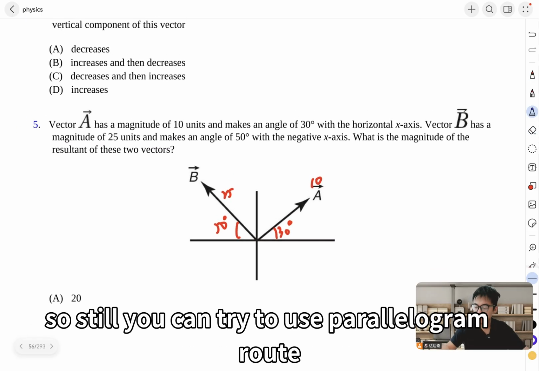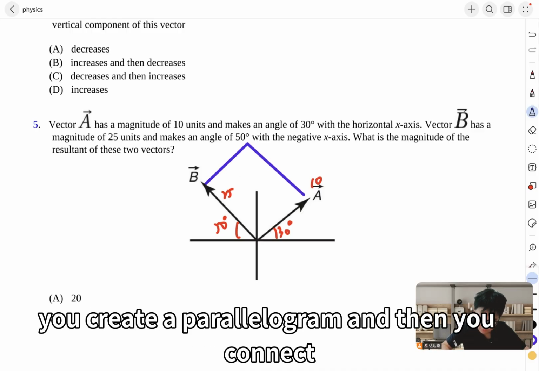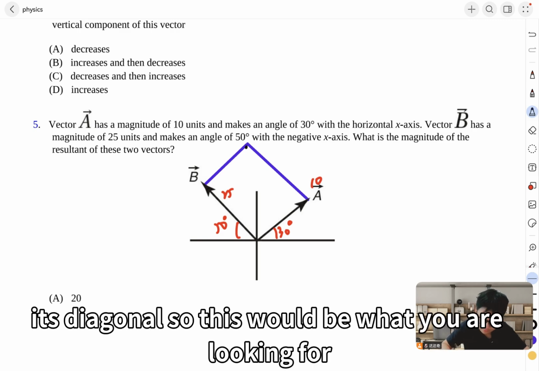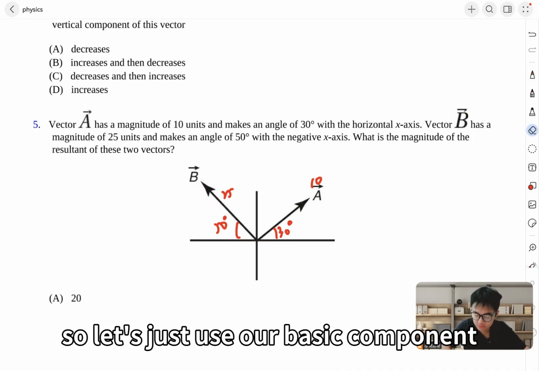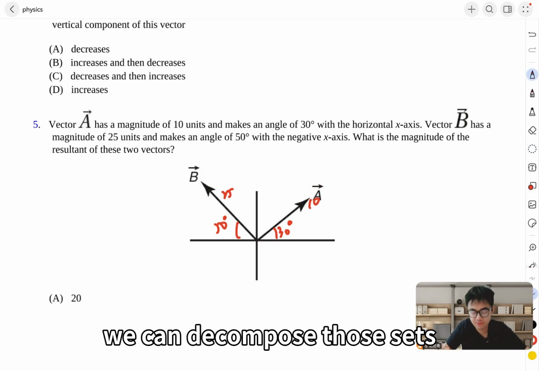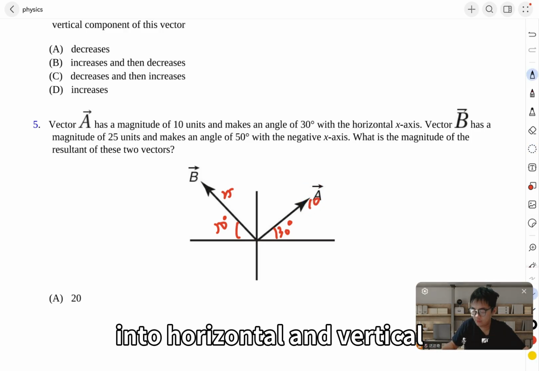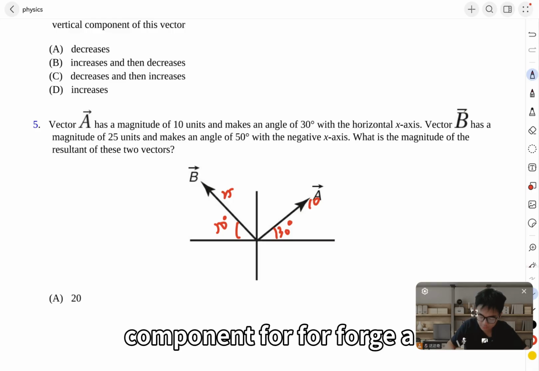So still, you can try to use the parallelogram rule to combine them. You create a parallelogram, and then you connect its diagonal. So this would be what you're looking for. But you can't use this way to find its accurate value. So let's just use our basic components. We can decompose this into horizontal and vertical components.